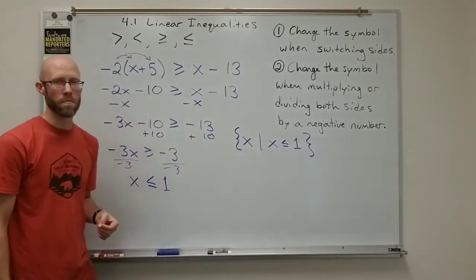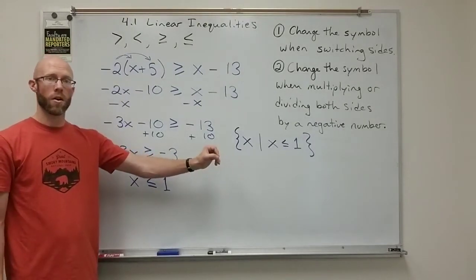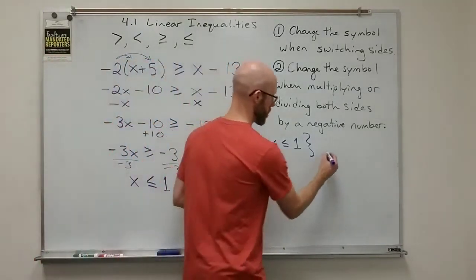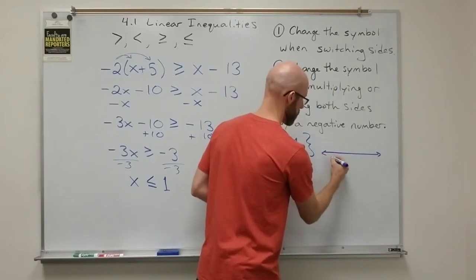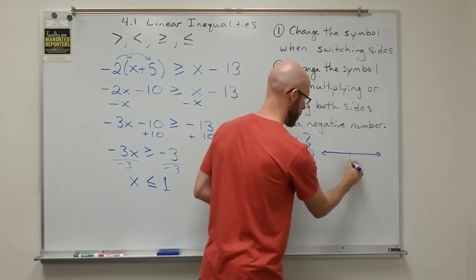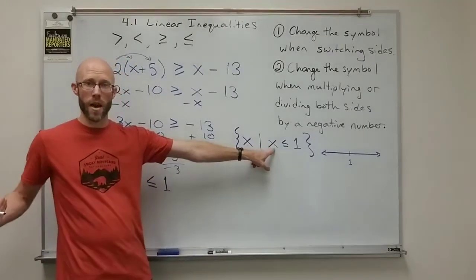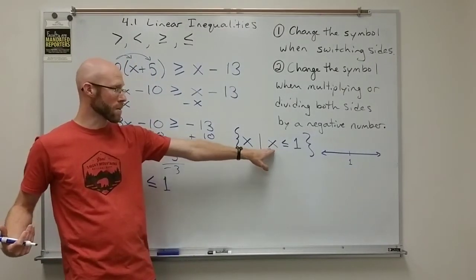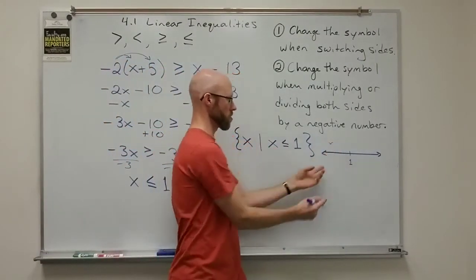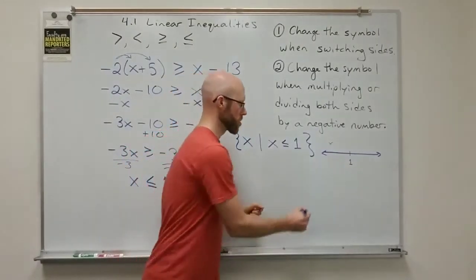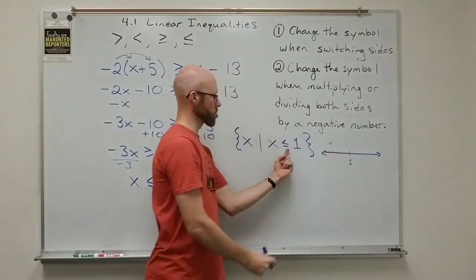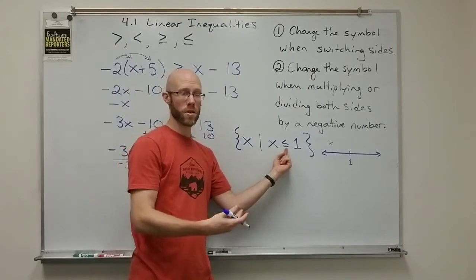There's the set form. Now, on a number line, I always use a number line to help me out. There's the number 1. I'm going to shade in everything to the left of 1 because I want x to be everything less than 1, right? X's are over here on the left. And so I'm going to shade to the left, but I also want it equal. Okay, so 1 is included.